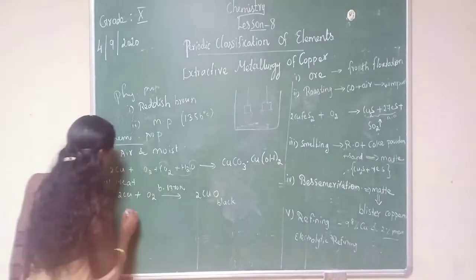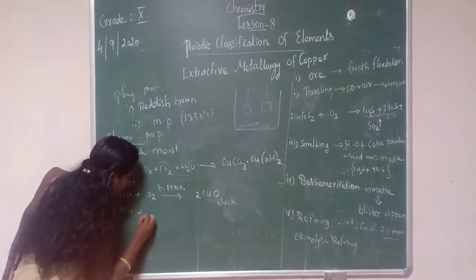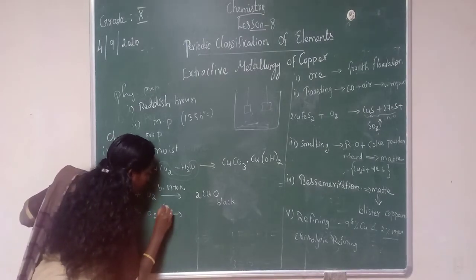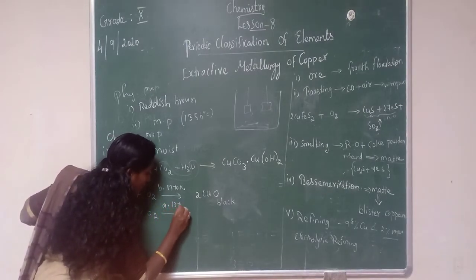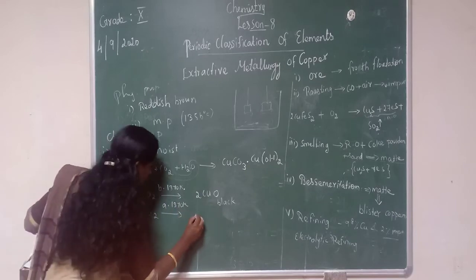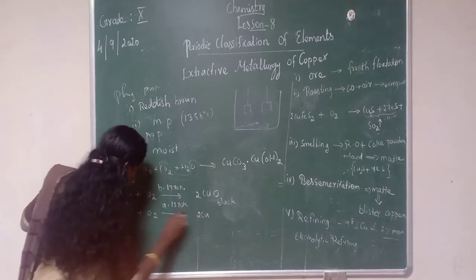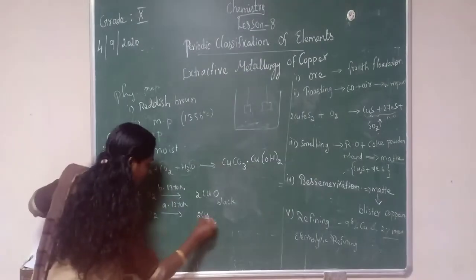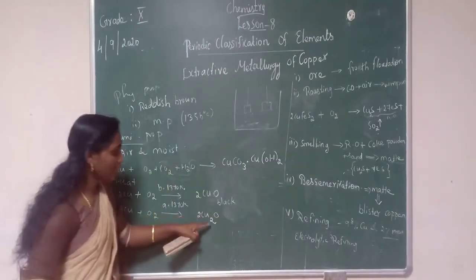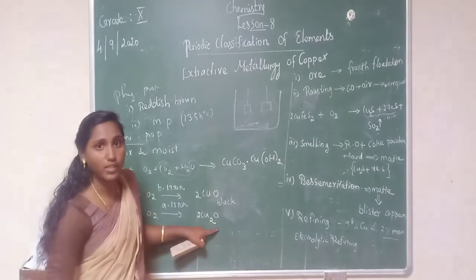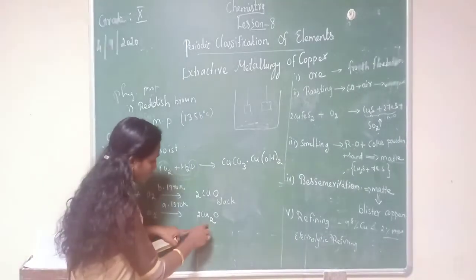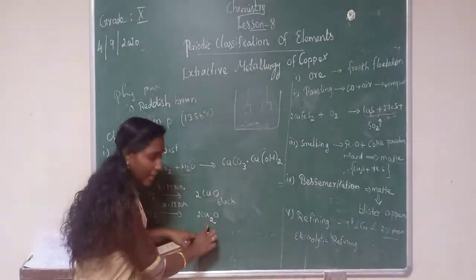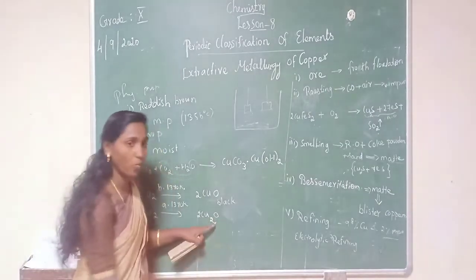Black. Then when copper reacts with oxygen above the temperature 1370 Kelvin, we will get Cu4 copper with oxygen. This is copper 1 oxide. We can cancel, we will get copper 1 oxide.